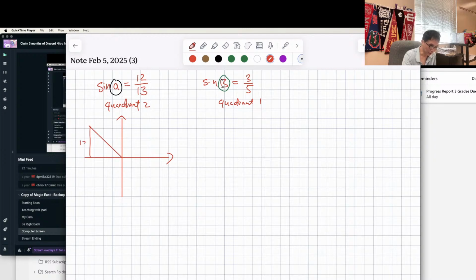This is a 12, and this is a 13. Do you know what this side is? It's not 5. This is where you make a careless mistake.